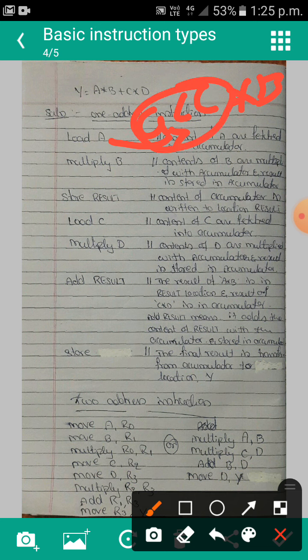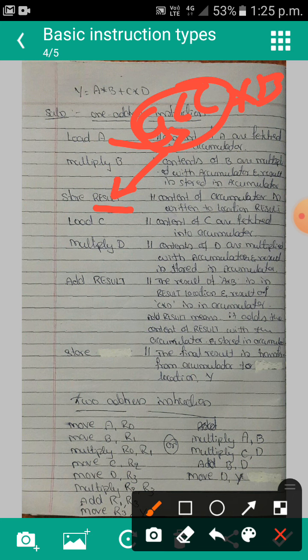In the accumulator itself. The result is stored in the accumulator, and from the accumulator we transfer that result, the multiplication of accumulator and B, to some other memory location. I am using a memory location named result. I am storing that multiplication of A and B to the result memory location.